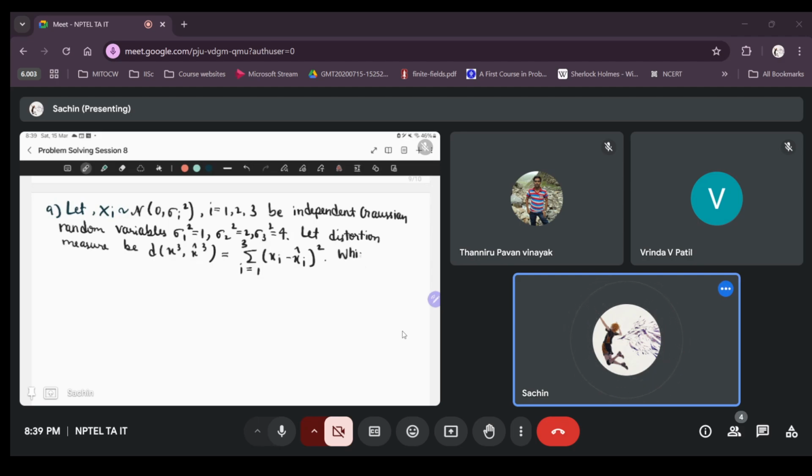So what is the rate distortion function for D equals 3?